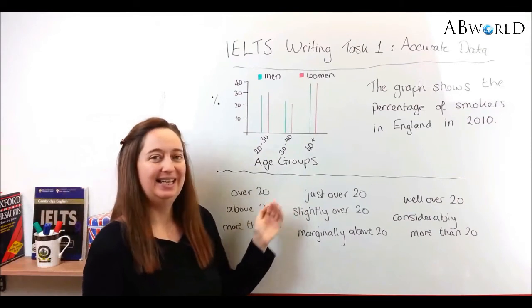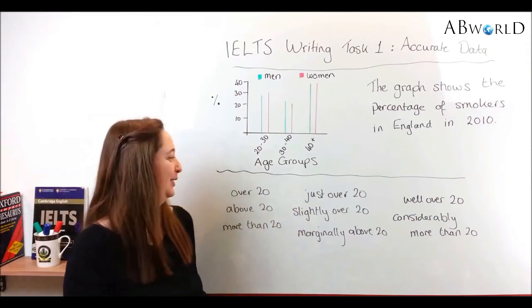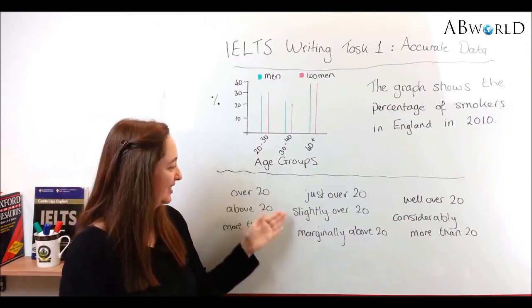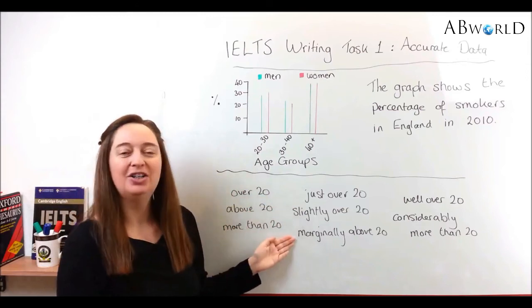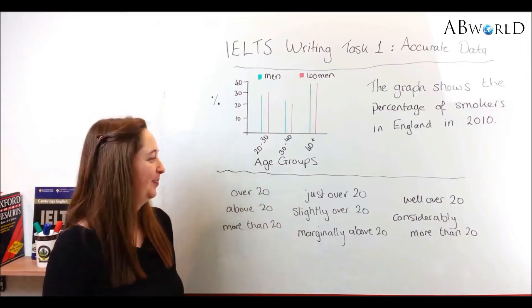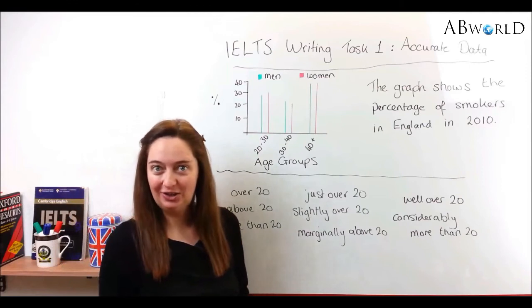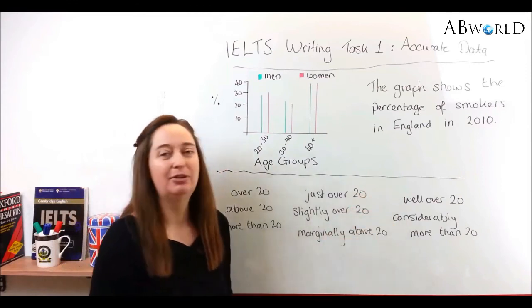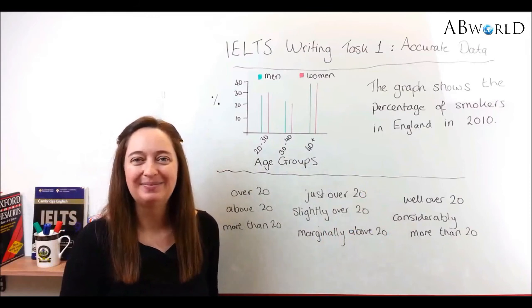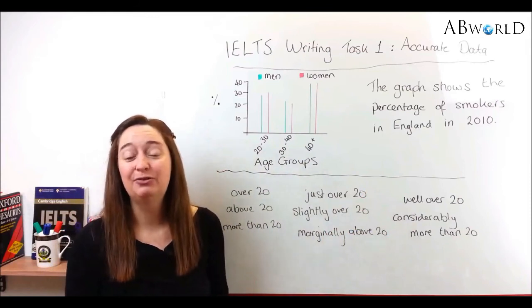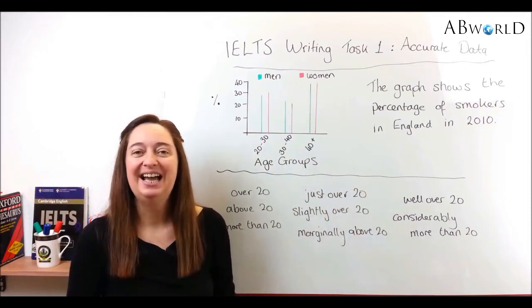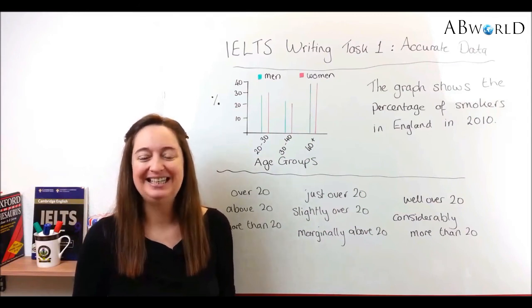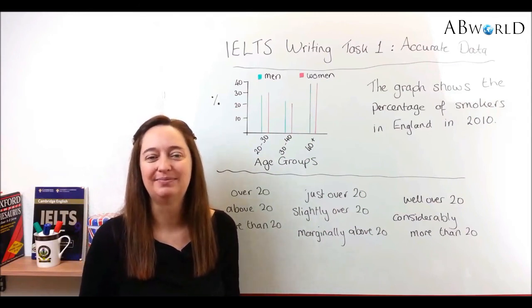When it is a little bit over, you can say just over, slightly over, marginally above. And if it is quite a lot over, you could say well over, considerably more than 20. So lots of different ways to paraphrase and give accurate data for your IELTS Writing Task 1.